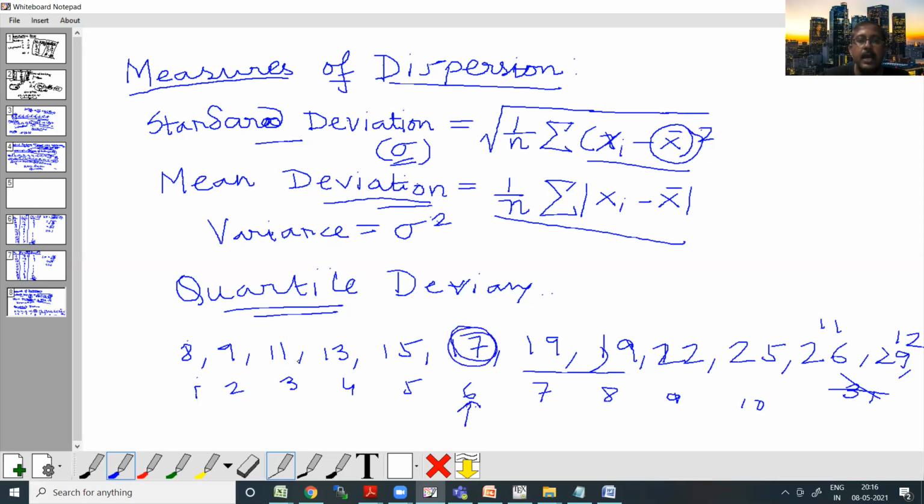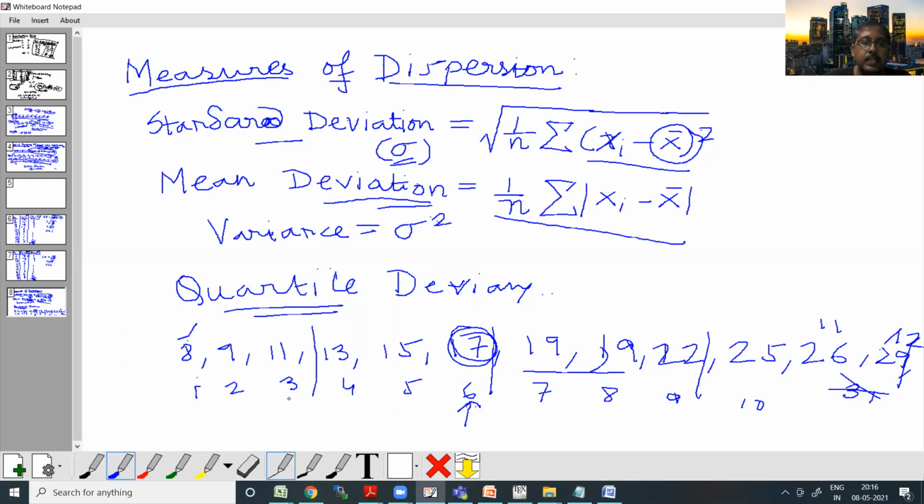Now, in the same way, quartile means that the whole set of values is divided into 4 parts. So this is the minimum value, this is the maximum value.